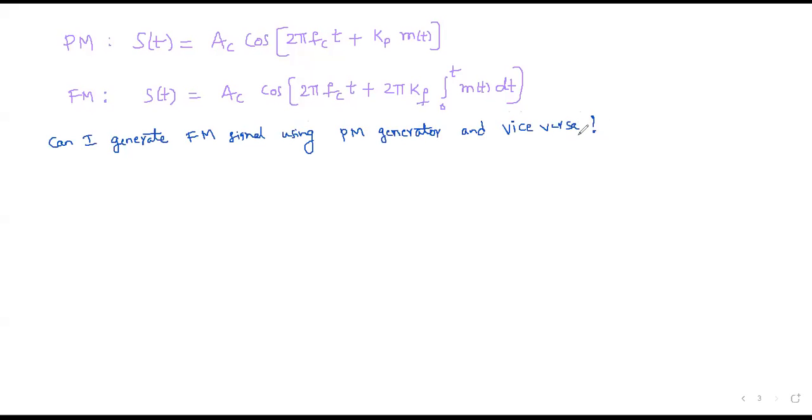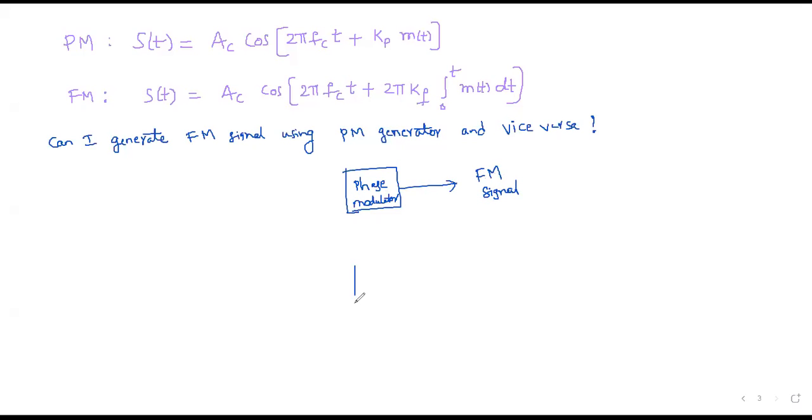You understand my question? I have given you a phase modulator, a device which can generate phase modulation signals, but I want the output as an FM signal. I have given only a phase modulator to you.